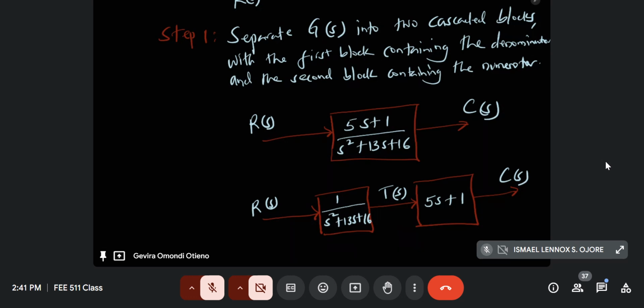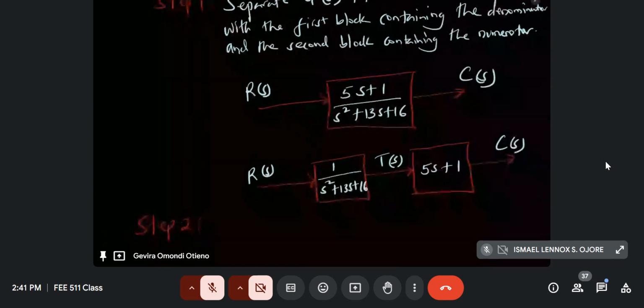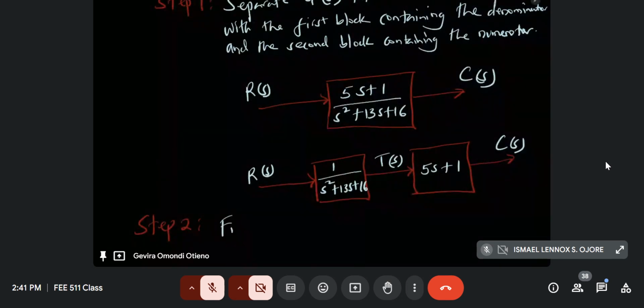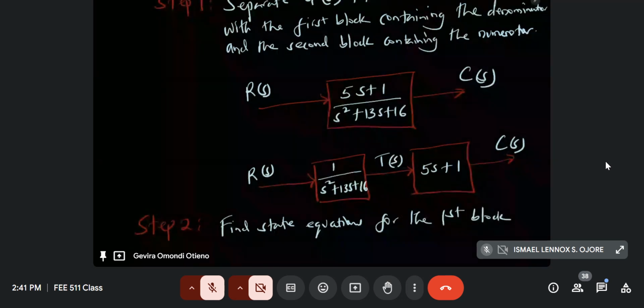Because in step 1 you have cascaded, then step 2 now, I told you it's just slightly different from the previous one. Step 2 now in this case is you have to get the state equations. So let me just say, find state equations for the first block. Okay?